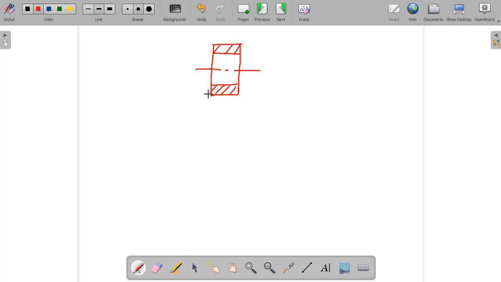Let us consider that this is the fluid mass coming in with some energy at this end. This is r and this is dr.